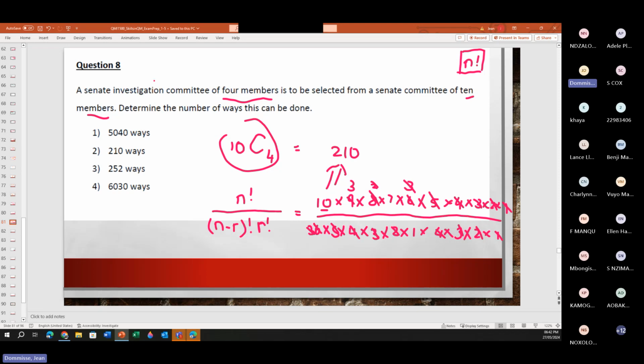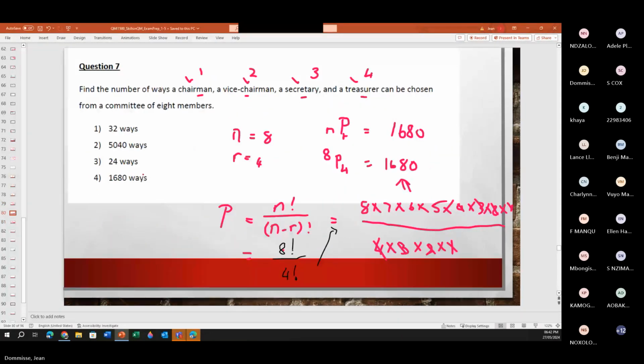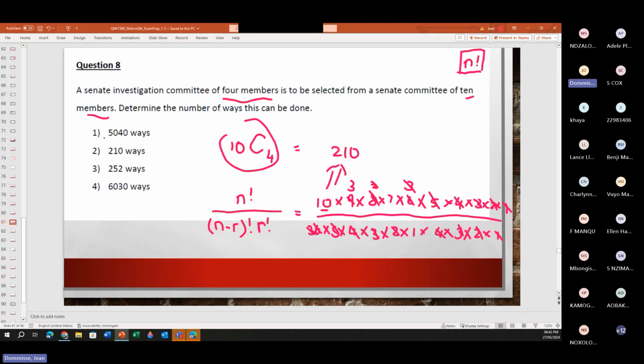That's why when I looked at the previous one, I thought, okay, if my answer was 1680 with 8 members, then I would have cancelled out 2 of the answers already, because I know a combination is much less than a permutation.